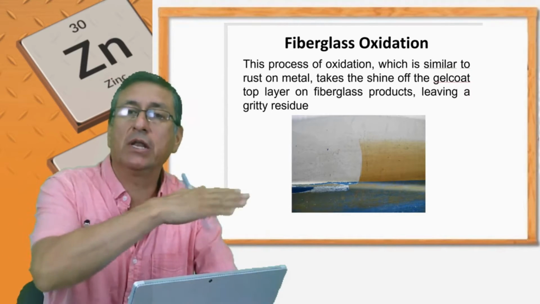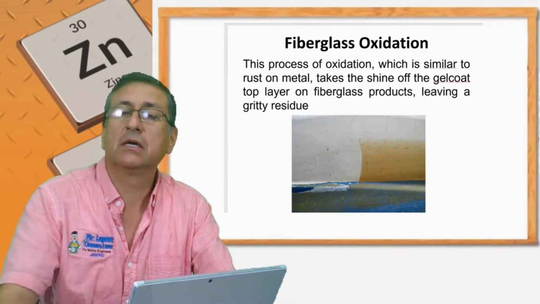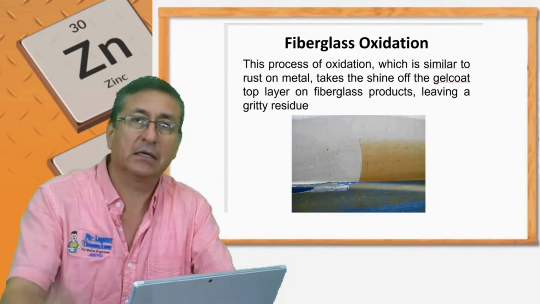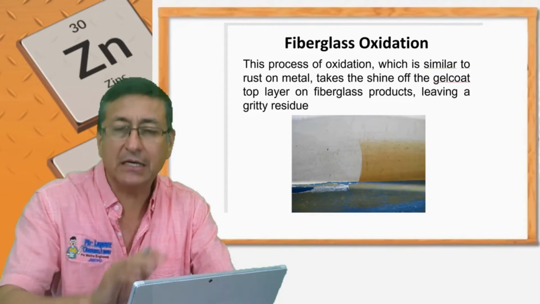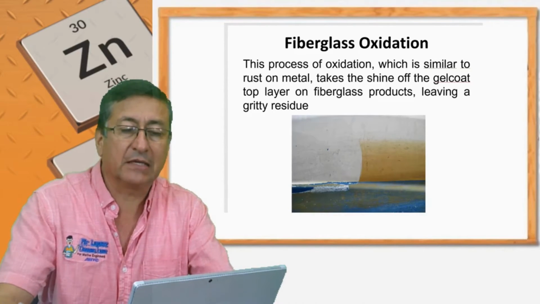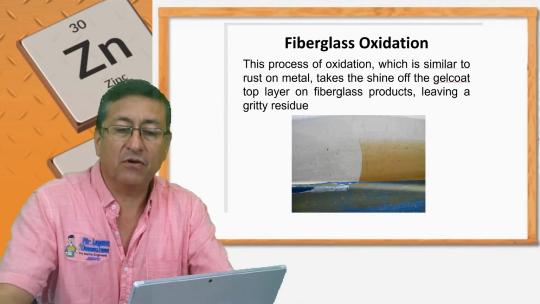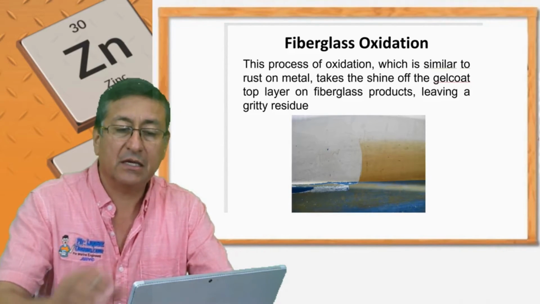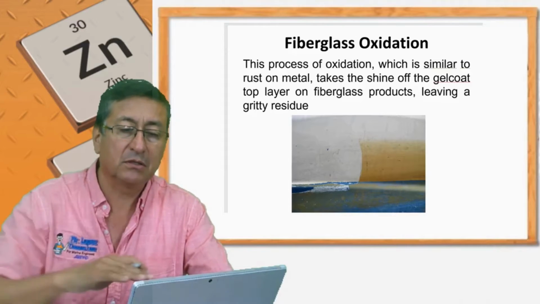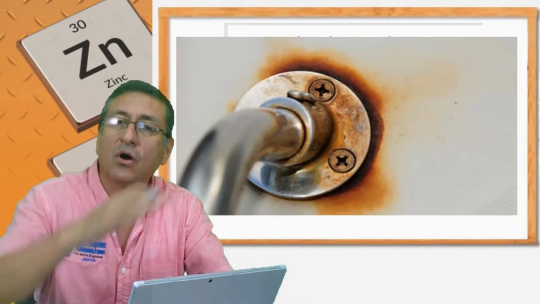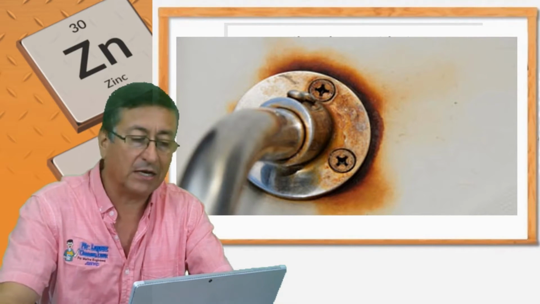The dew and moisture accumulated on the fiberglass attack it and produce that yellow color over the fiberglass. This process of oxidation, which is similar to rust on metals, takes the shine of the gel coat out and creates that yellow color on the surface of the fiberglass.